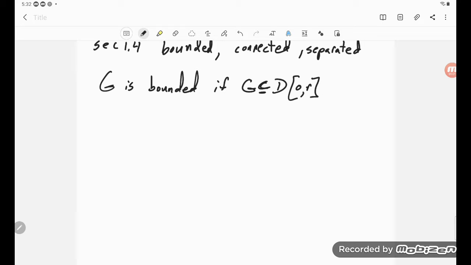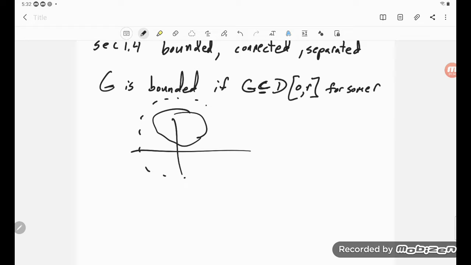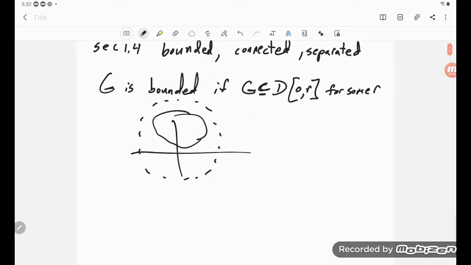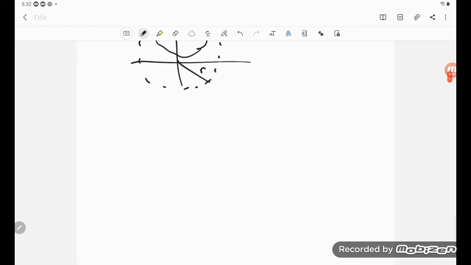Some open disk centered at the origin, so if that's for some R. Okay, so for instance, in the complex plane, if I have a set there, then certainly if I go up here and figure out how tall this is, or get the maximum modulus of anything in this set, and I just make sure I pick an R that's bigger than that modulus, then here's R, then G was bounded.